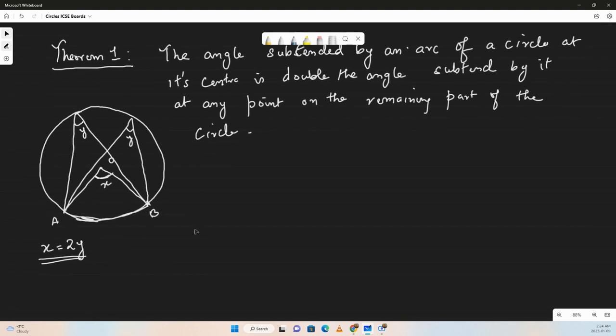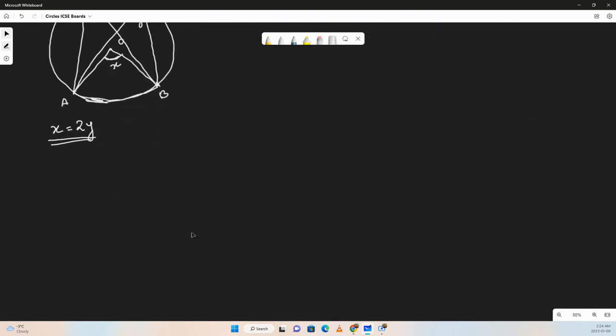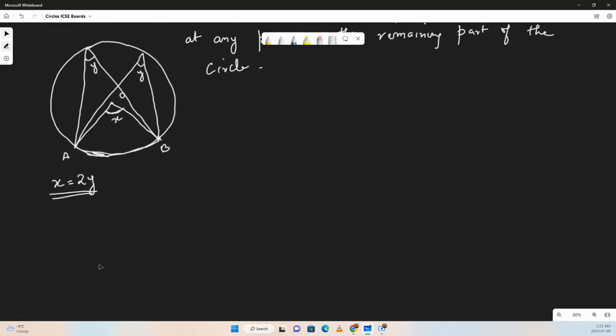So let's move on to theorem 2. We are going to do a few practice questions, but these theorems revolve around very similar concepts. So let's cover all the theorems and then we'll do a few problems on those. Theorem 2 says angles in the same segment of a circle are equal. It is basically a continuation of the previous theorem, so let's use the same picture.